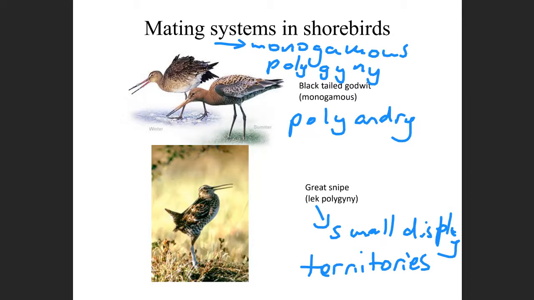They're not gaining anything like nutrients or parental care or paternal care. They're just getting a chance to observe a bunch of males, and then most of them all mate with one. That's the lek polygynous system. You see that in flies. Whenever you're in the field and you see a cloud of a whole bunch of flies just sort of flying at each other, it's probably a lekking display.